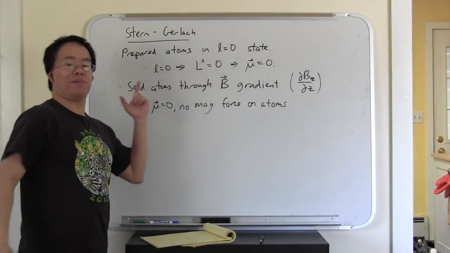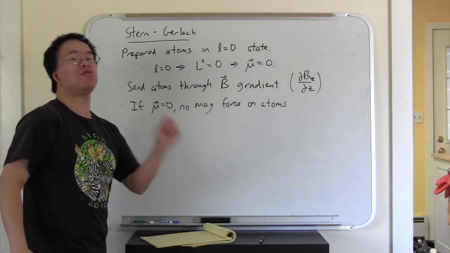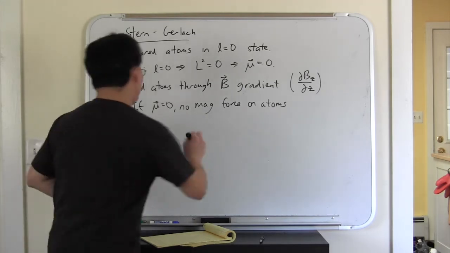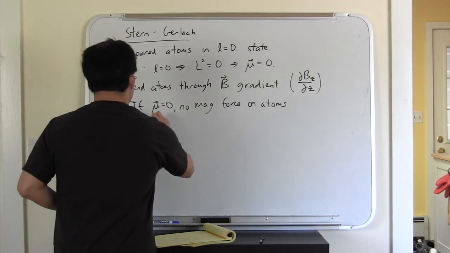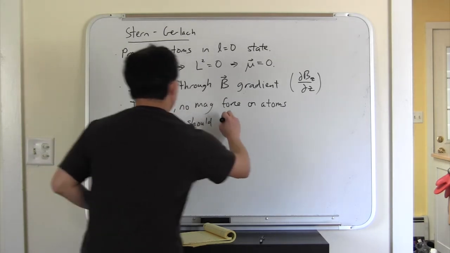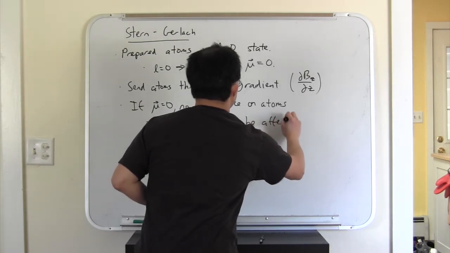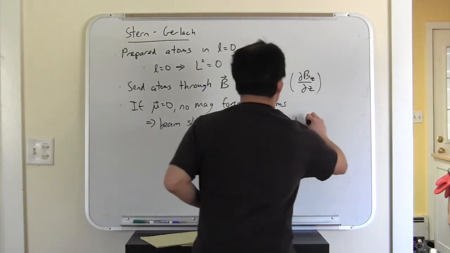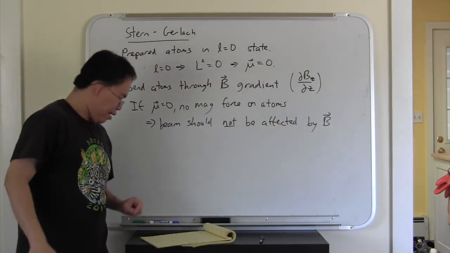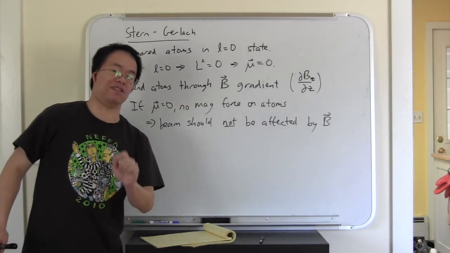And the atomic beam that they're shooting through this magnetic field gradient should not be affected by that magnetic field at all. However, that is not what actually happened.